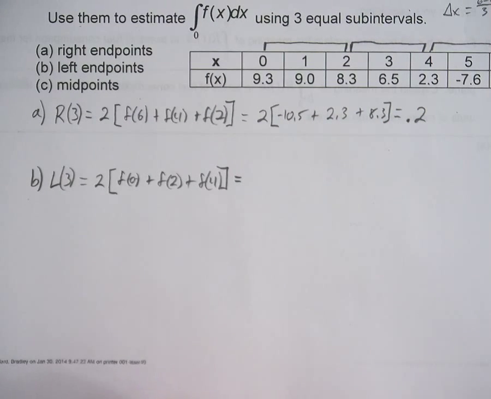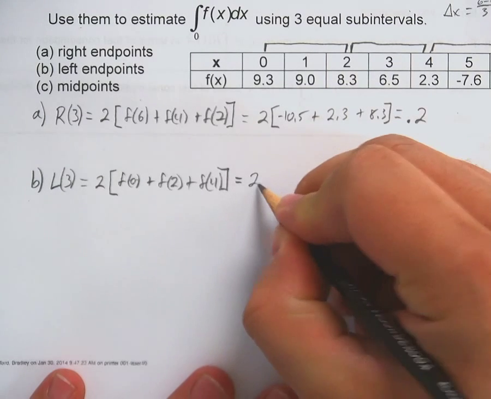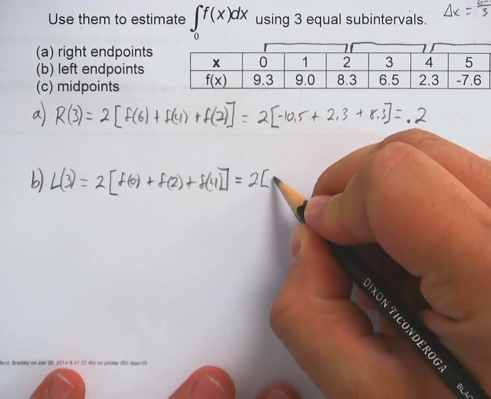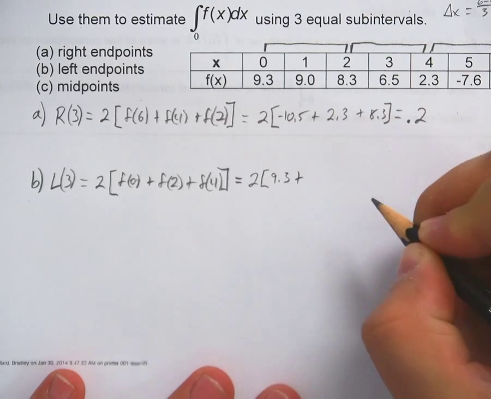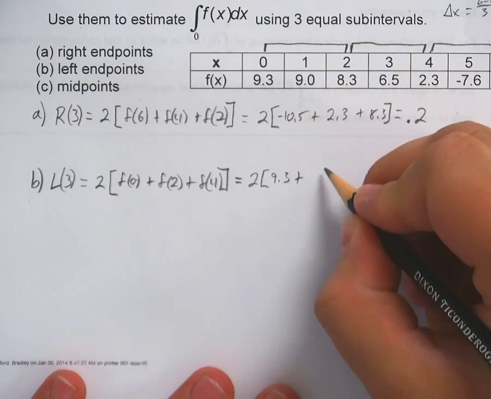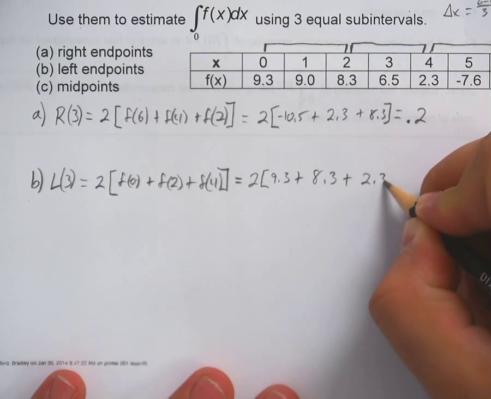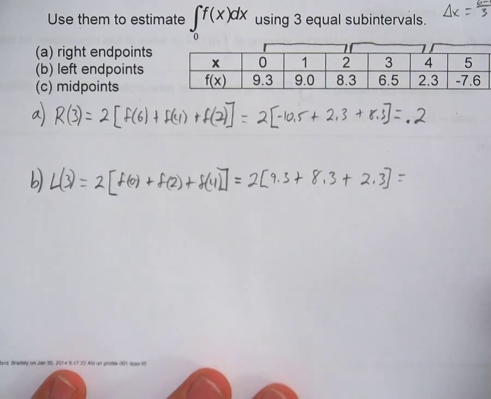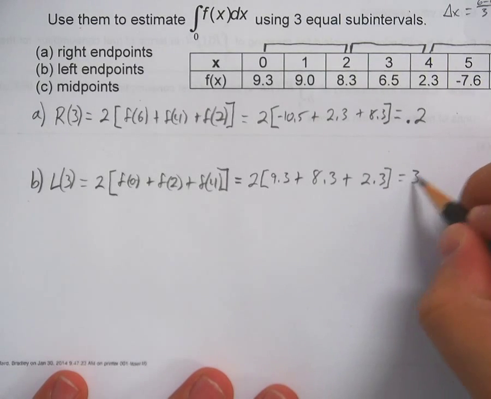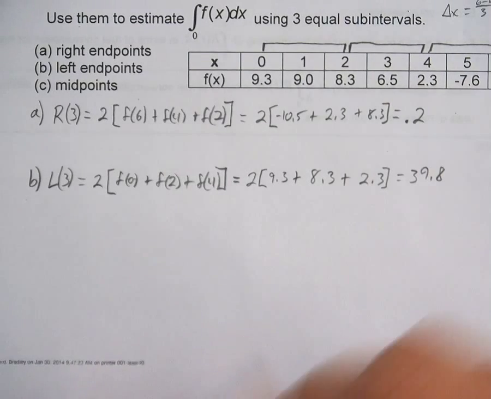So that's going to be 2 times f of 0 is 9.3 plus f of 2 is 8.3 plus f of 4 is 2.3. And again, through the magic of calculus, 39.8. I don't know where that came from.